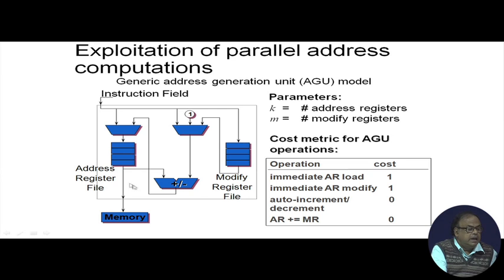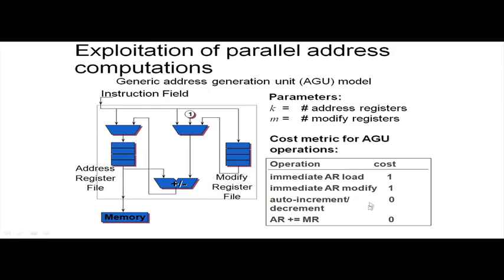On the other hand, if we are given the auto increment and auto decrement facility, by which in parallel I can increment the register by 1 or decrement it by 1, done by hardware, then that is 0 cost.